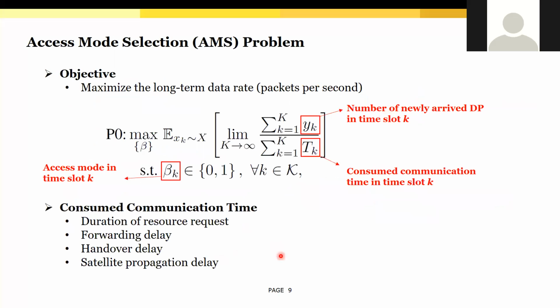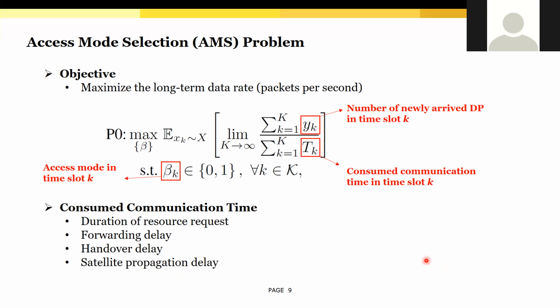Based on the system model mentioned above, I will present the formulated access mode selection problem. The objective is to maximize the long-term data rate of the vehicle by selecting the access mode in each time slot. The consumed communication time in each time slot consists of 4 parts: the duration of resource request, forwarding delay, handover delay, and satellite propagation delay.